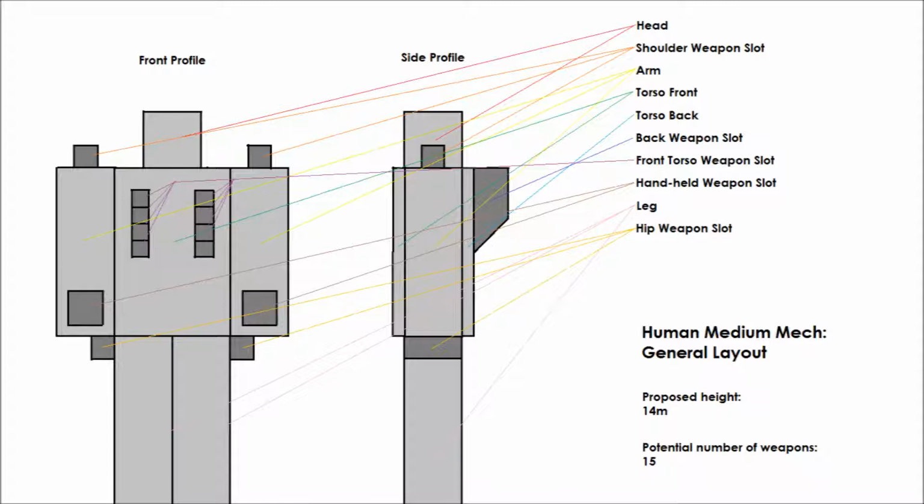You still have the mobility, but it's got some protection from the front so that you can't get directly stabbed in the joint unless you take a really weird angle. So that's that concept.